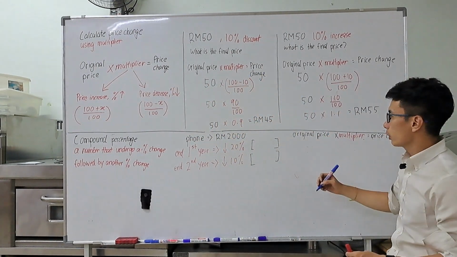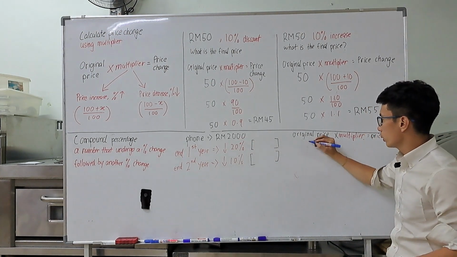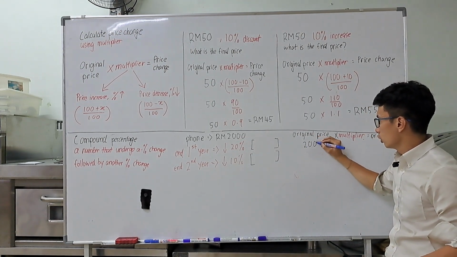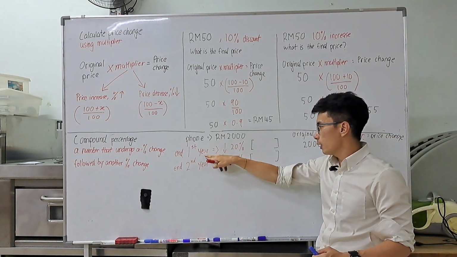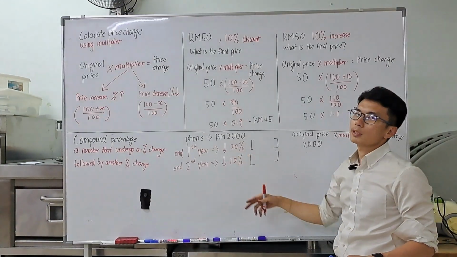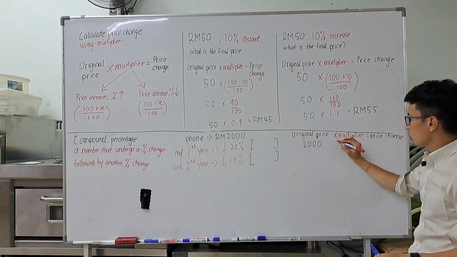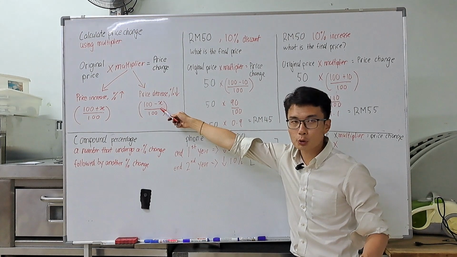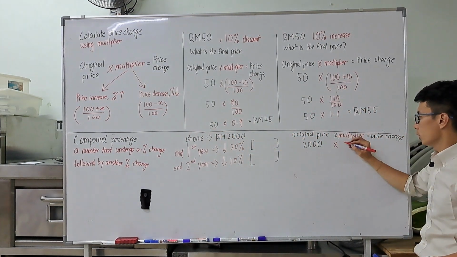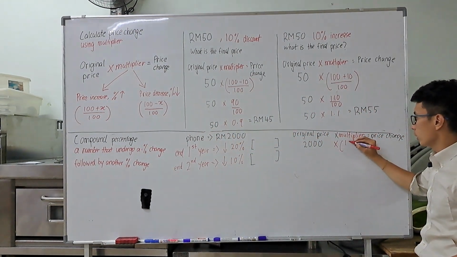So let's do this very quickly. The original price here will be 2,000. Since at the end of the first year there is a 20% reduction in price, I know I have to use this one, price decrease, so I subtract 20% here. This is how I'm going to write it.